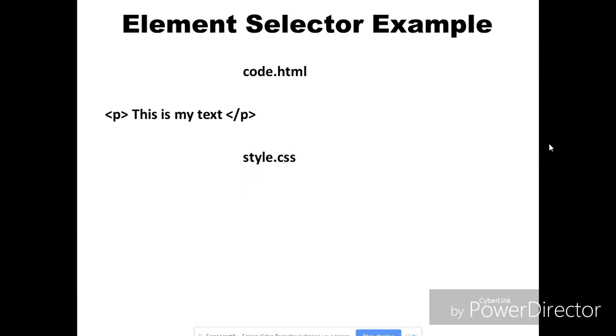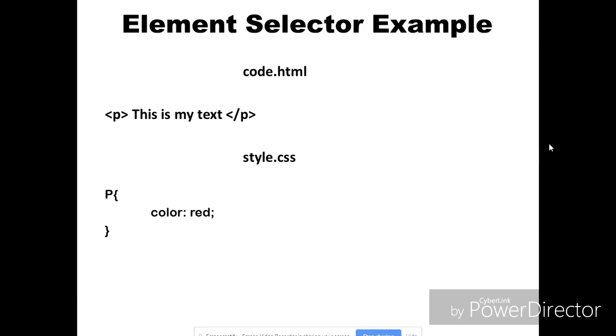In the style.css file we will write this code. First we write the tag name, that is p. After this we start the curly bracket, and here we write our properties like color, font size, and border, etc. After this we close the curly bracket. So this is a simple use of an element selector.